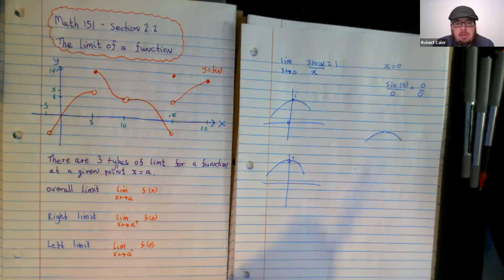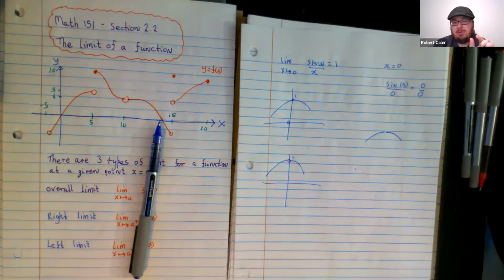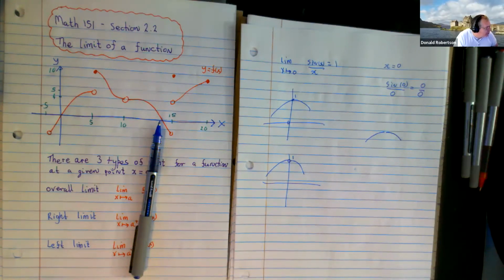Professor, I believe in Desmos, if you hover your mouse along the curve, it gives you coordinates, and when you get to 0, 0, it should say undefined. Oh, cool. Right, I'll try that. Let me stop this share and go back into that.